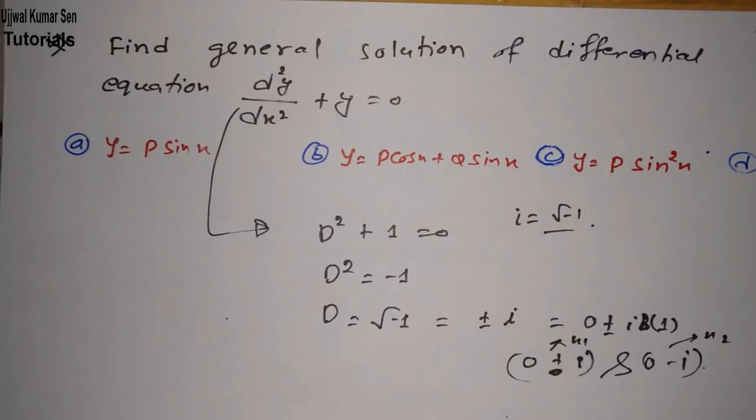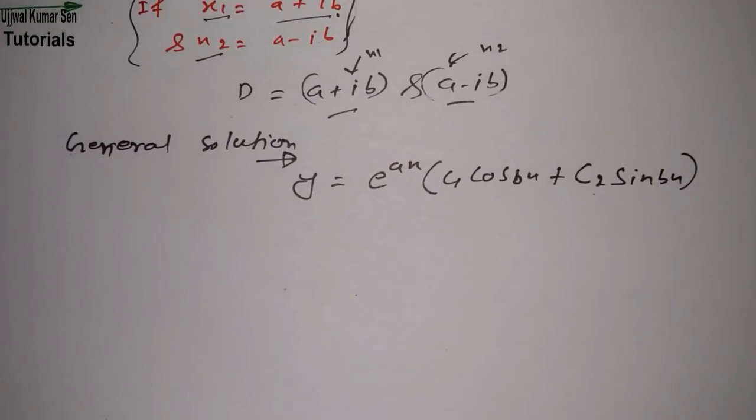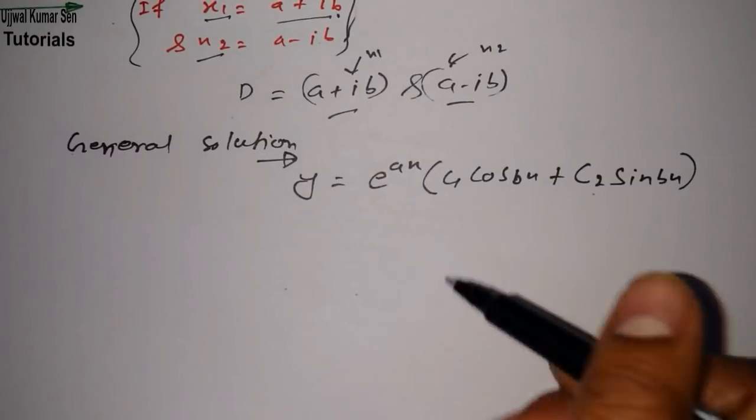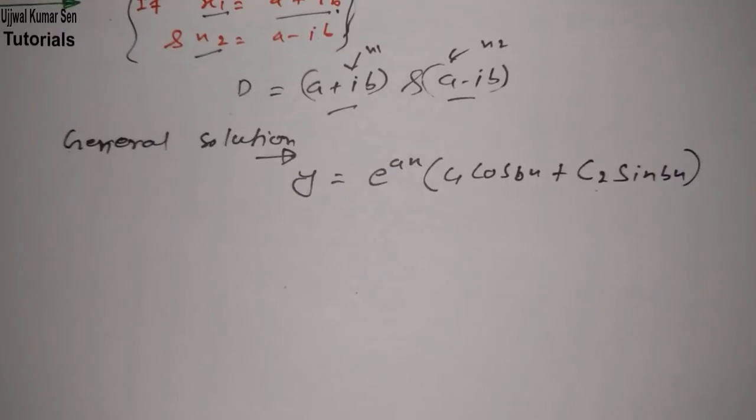Now we have to write the general solution for this case. What is the general solution? I have already shared with you what the general solution is, that is here only. First we have to write this equation, then put in the values we have been given or have found from the problem.